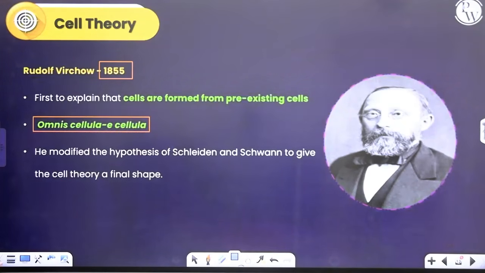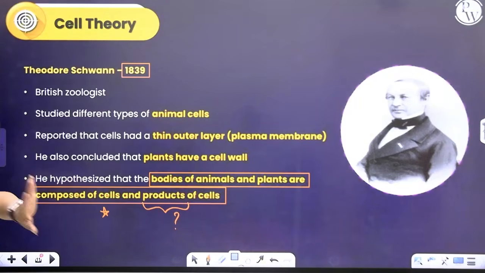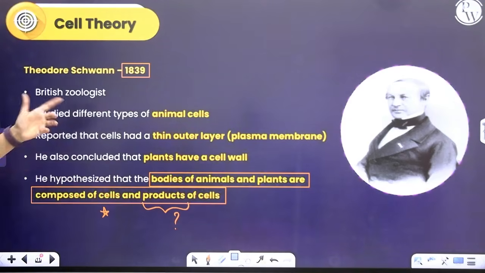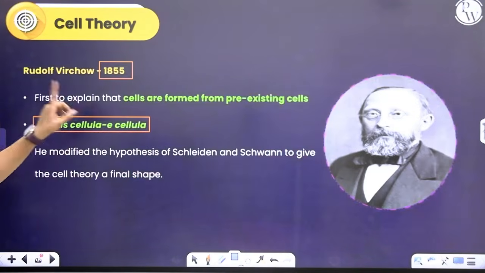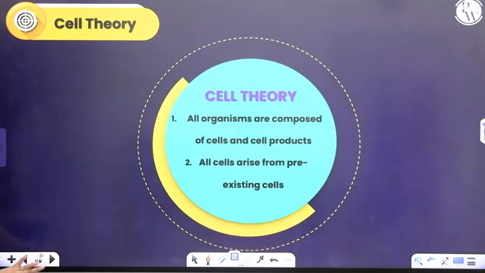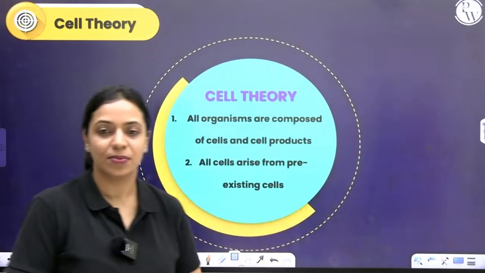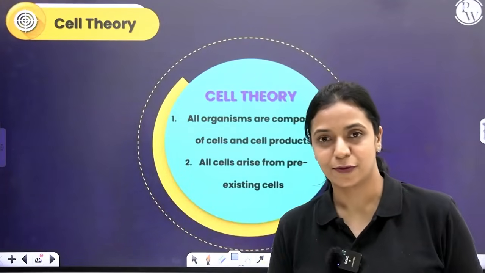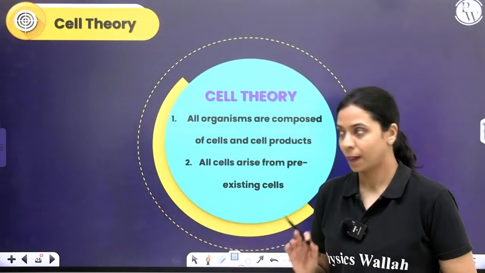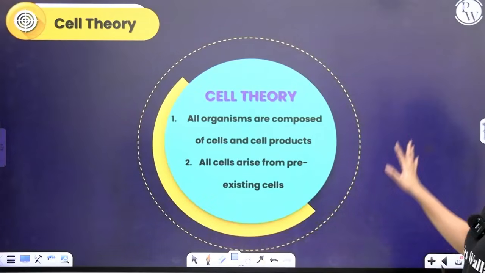So whatever hypothesis was formulated by Schleiden and Schwann, which said animals and plants both contain cells and their products, he modified that a little bit, and along with that statement, he added this statement as well. And today we know cell theory as these two statements. All organisms are composed of cells and its products. New cells arise from pre-existing cells. All right. That's about the cell theory.